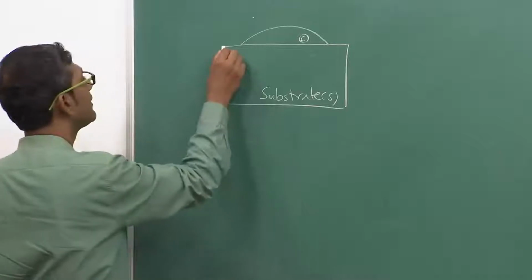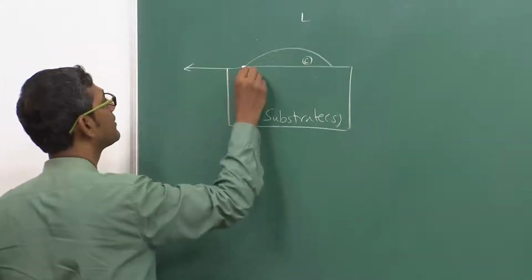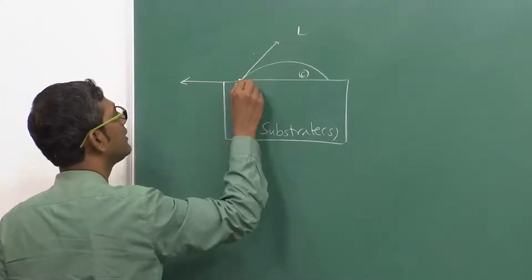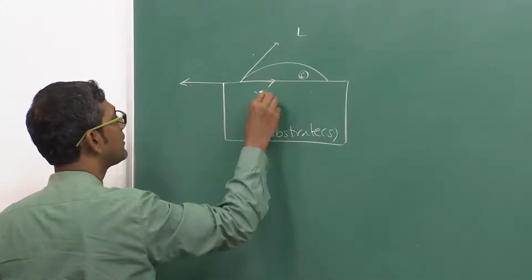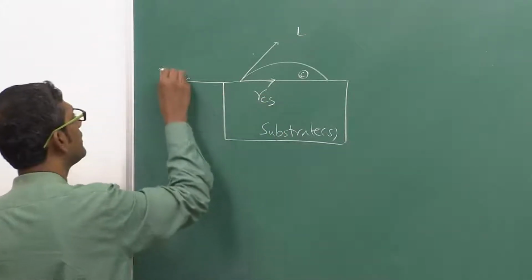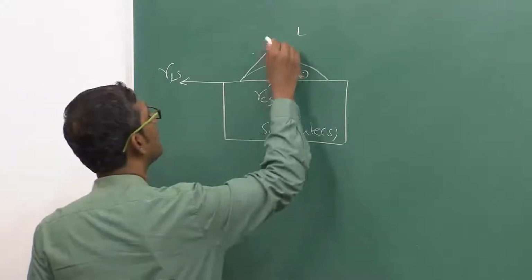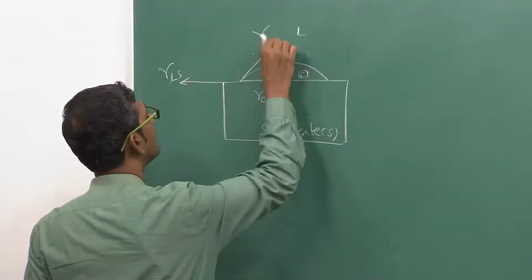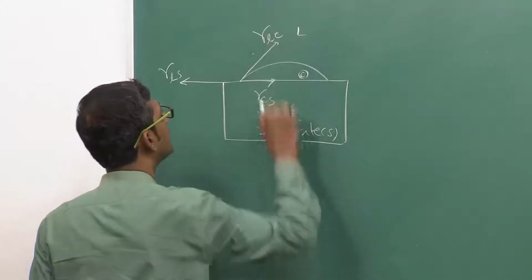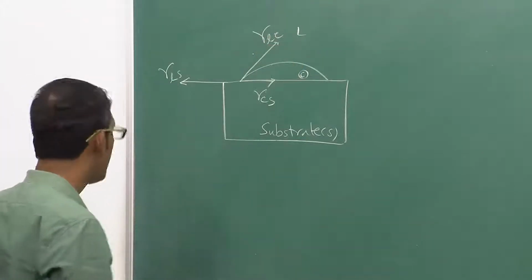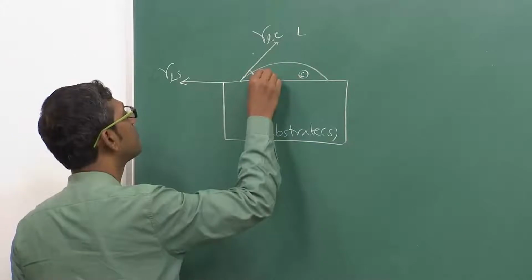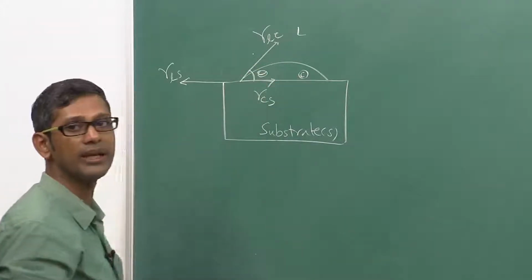As I said, the interfacial energies are balanced at this point. There are three interfacial energies: this is gamma CS, this is gamma LS, liquid and substrate, and this is gamma CL or LC, between the liquid and the crystal which is formed. This balance leads to a contact angle theta.